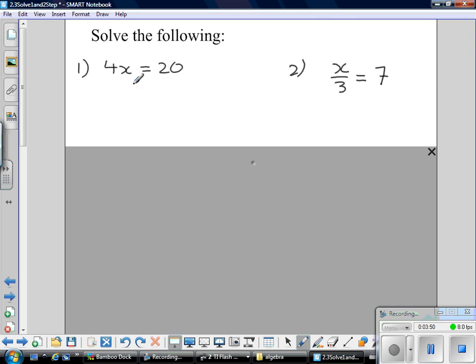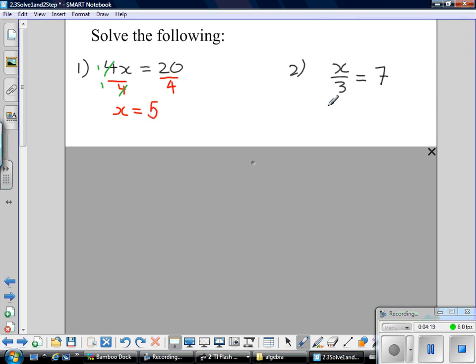Both ways are acceptable. You have to show that you're dividing both sides by 4. When I divide both sides by 4, 4 divided by 4 is 1. So I end up with 1x equals, and 20 divided by 4 is 5.